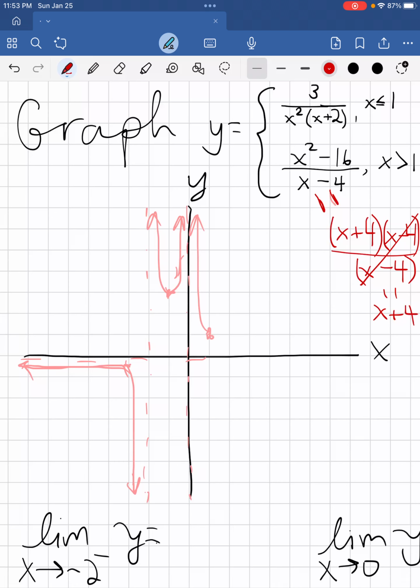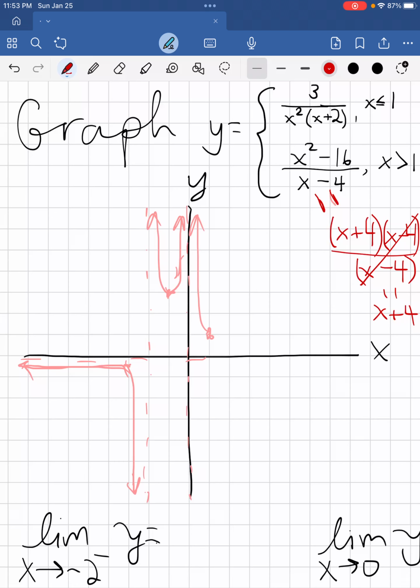It looks exactly like x plus 4, except when x is equal to 4. When x is equal to 4, remember in our discussion last time, we said that we wouldn't be able to use that because we would get 0 over 0. So x plus 4, if I substitute 4 into that, I get 8.